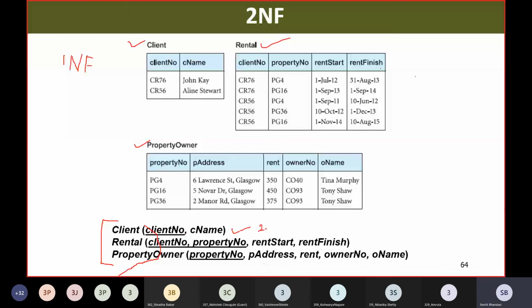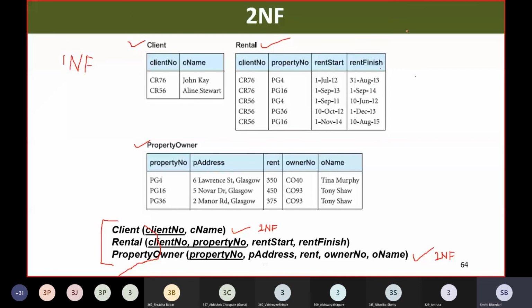In fact, if the primary key comprises a single attribute, then obviously that relation is always in 2NF, so we do not even need to check for it. Okay, so for property owner, once again we have a single attribute as primary key, so obviously this relation is also in 2NF.